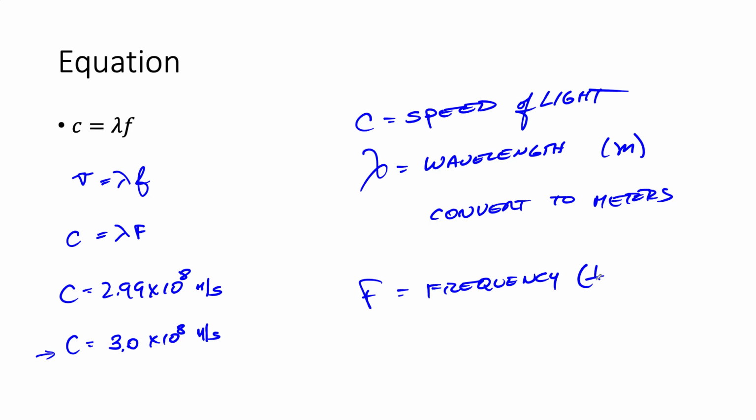Usually that's in 1 over s or hertz, and this is the primary unit of frequency. So if you see frequency in 1 over s or hertz, you're in the right unit. Don't have to worry about it. If it's in minutes, you change it to seconds. Meters always convert to meters.